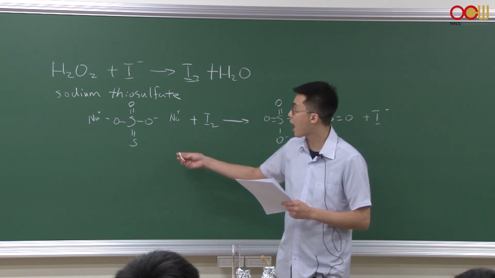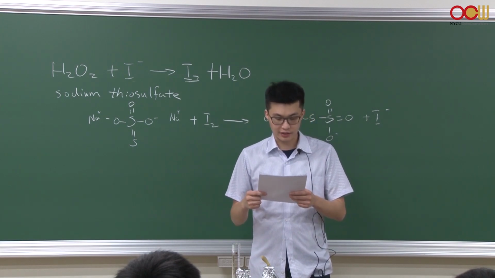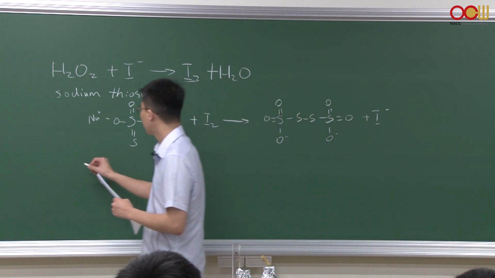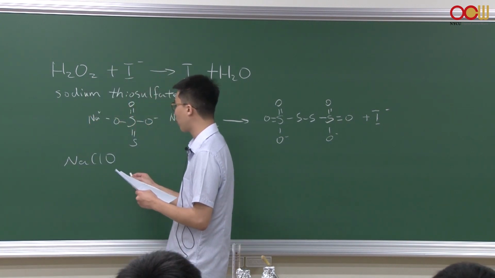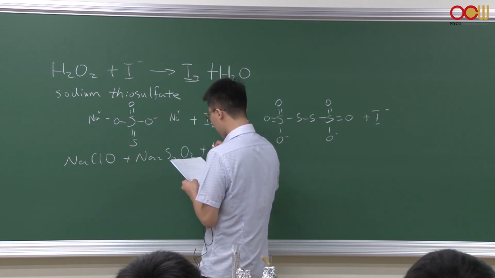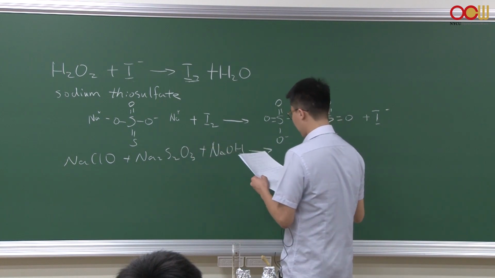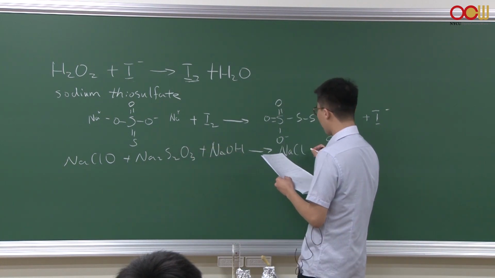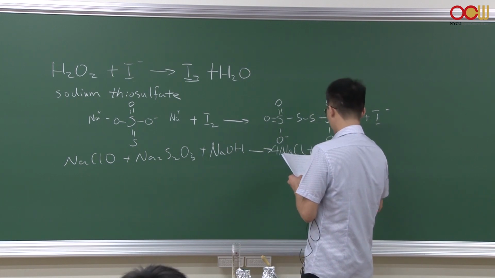However, when you add sodium thiosulfate under slightly basic condition, it can react with hypochlorous acid, and it will completely consume this hypochlorous acid back to sodium chloride and sodium sulfate.